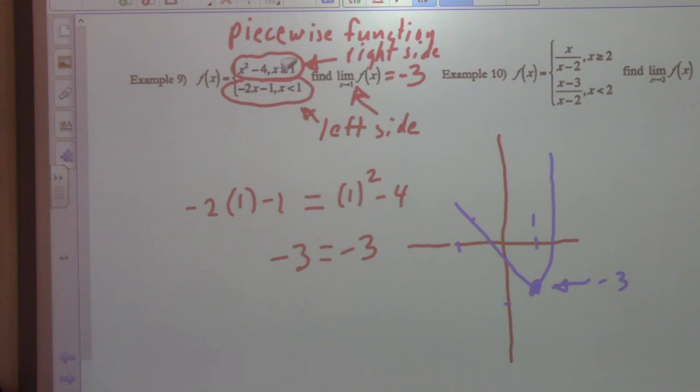What if it just said greater than instead? Then there would be a hole. It would not exist at that value, but would the limit still exist? Yes, it would. Okay, so graphically, that's what it looks like.